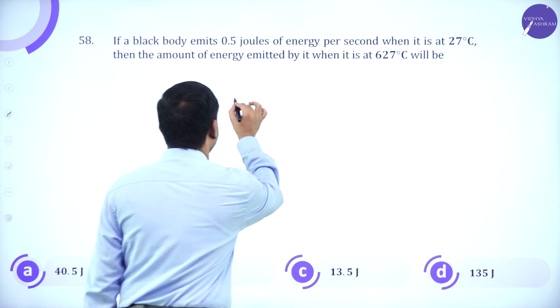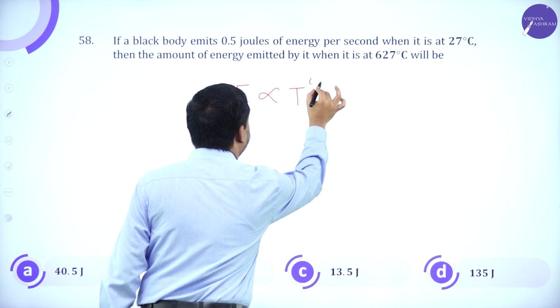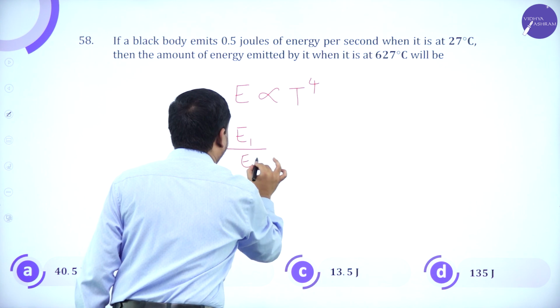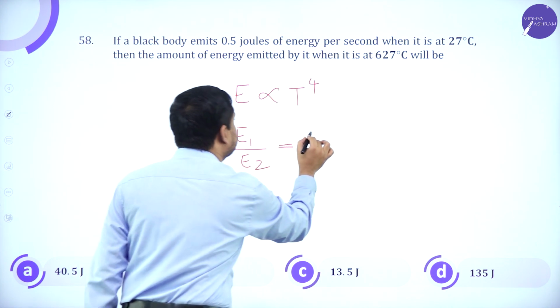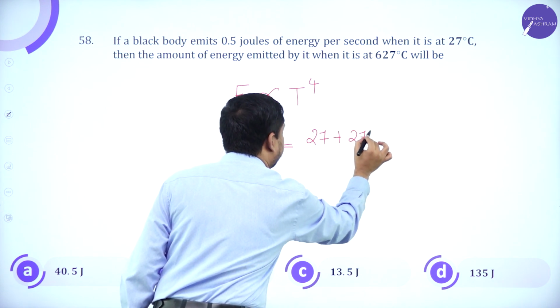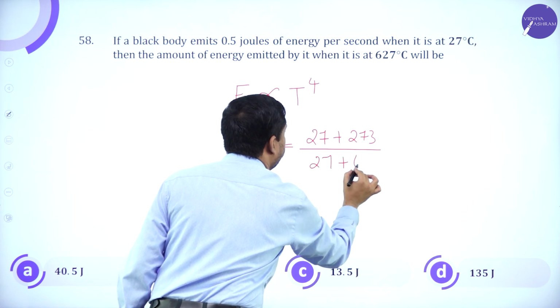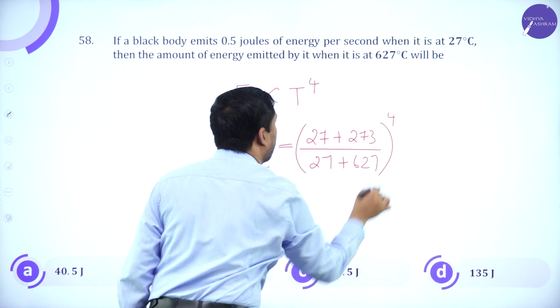Stefan's law. E is directly proportional to T to the power 4. So E1 by E2 is equal to 27 plus 273 over 27 plus 627, to the power 4.